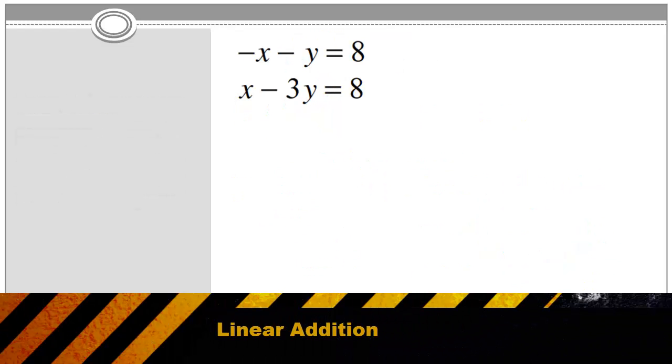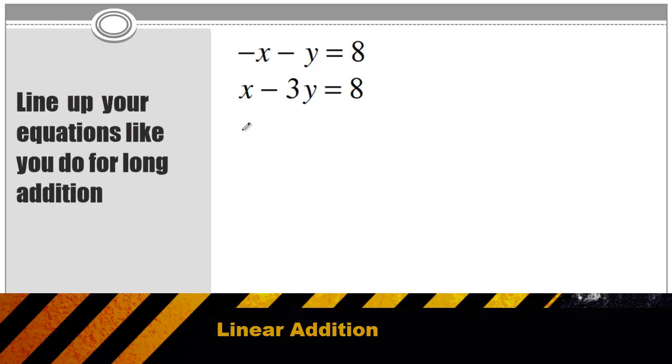Every problem we've done up until now has been using what's known as the substitution method, where we solve for one variable and then plug that answer into the second equation. There is another method you should be familiar with, and that is linear addition, where you line up the equations much like you would an addition problem and add all of your variables and your numbers straight down.